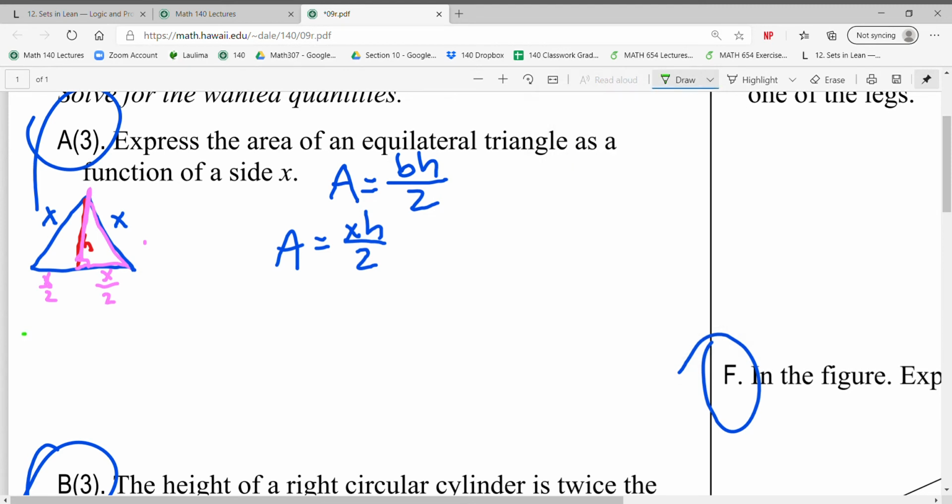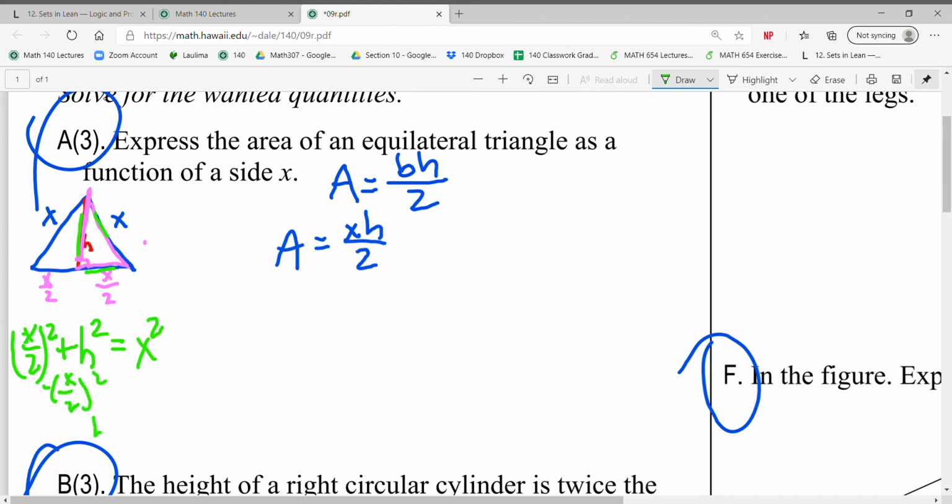All right, so Pythagorean theorem says a squared plus b squared equals c squared. So this is x over 2 squared plus h squared is equal to our hypotenuse squared, which is x squared. If we solve for h, I'm going to subtract x over 2 squared on both sides.